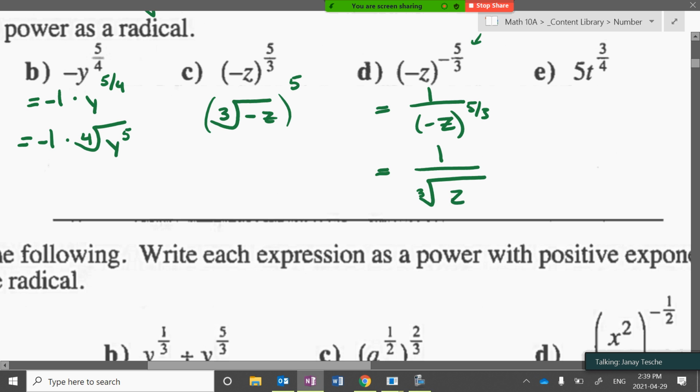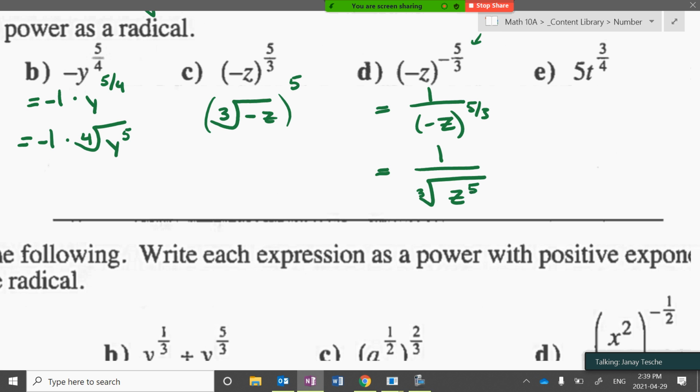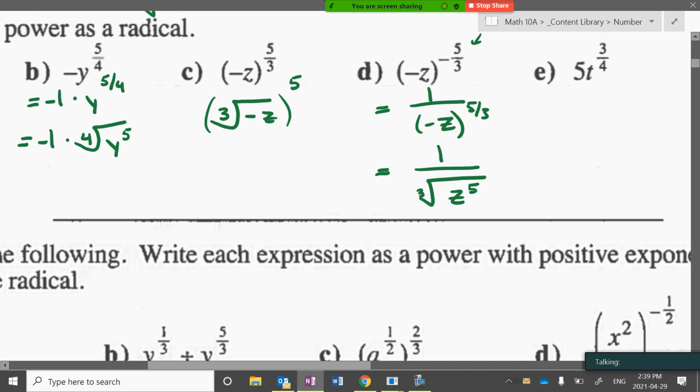You don't like radicals in denominators. Later on in grade 11, you're going to learn that you could never leave an answer like this. It's kind of like a fraction you always have to reduce. You can't ever leave roots in your denominator. That's a future problem, so don't worry about that.